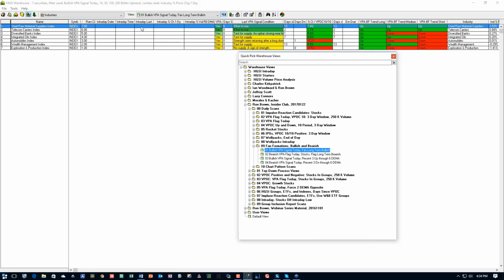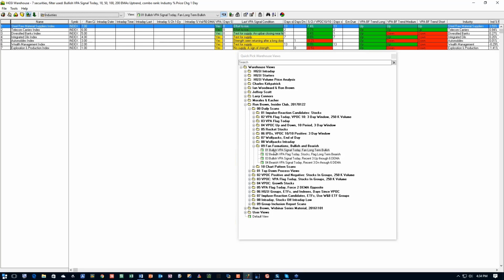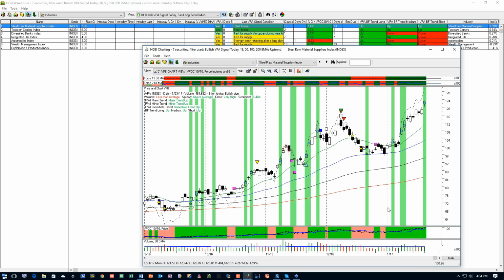You can see that steel raw materials, only 7 groups as of Friday passed the bullish VPA signal today. Let's just bring up one of these. And look at this. This is the VFB. This is where the steel raw materials supplier index was meeting the criteria.